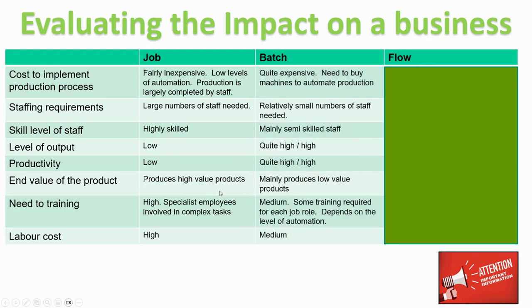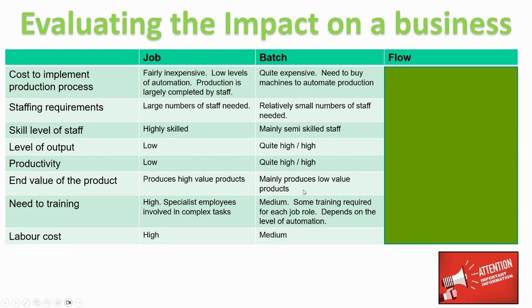Batch production, by contrast, is quite expensive to set up because we can't start automating production now. Because of that, though, you don't need as many workers, and the kind of workers you need to have can be lower skilled. Output begins to rise now because the productivity of those machines is very high. But you do tend to make lower value products.